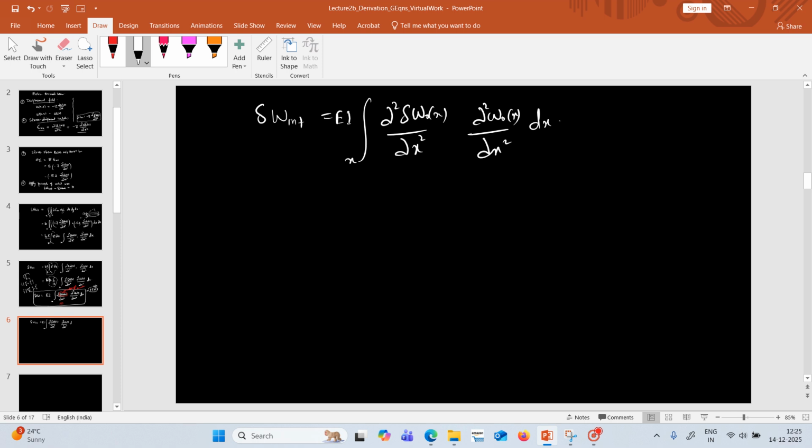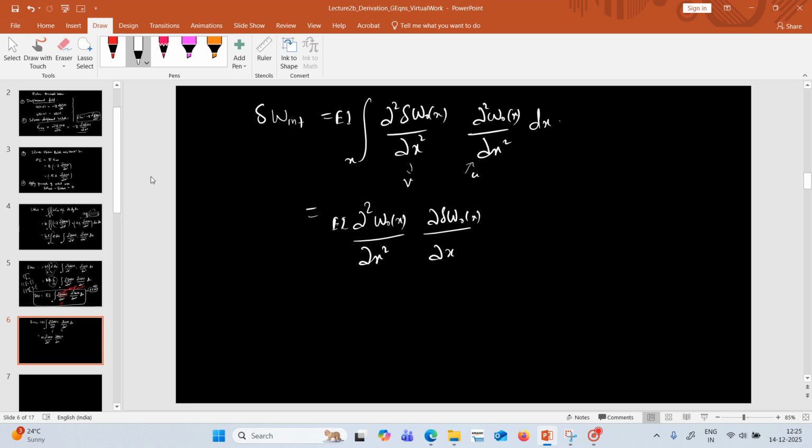Now apply the UV rule, U integral V. We choose U as EI del 2 w naught of x by del x square, and the integral of V would be del of delta w naught of x by del x.